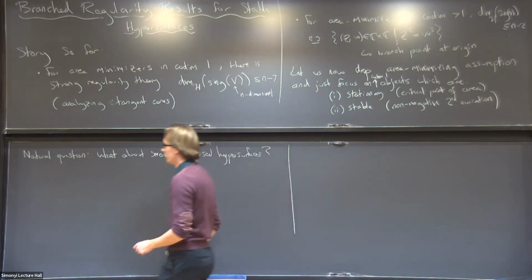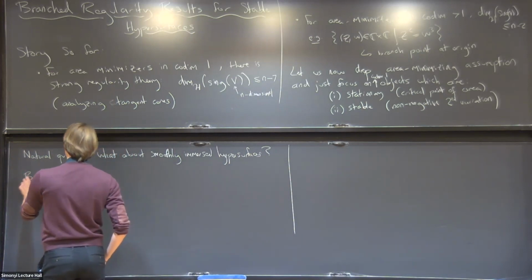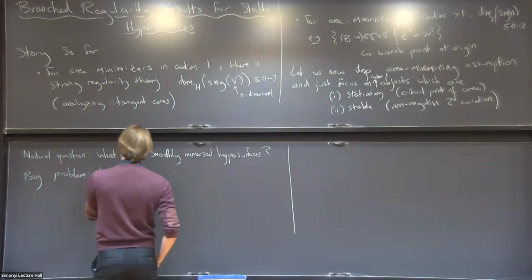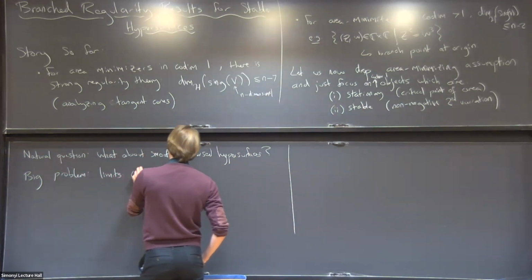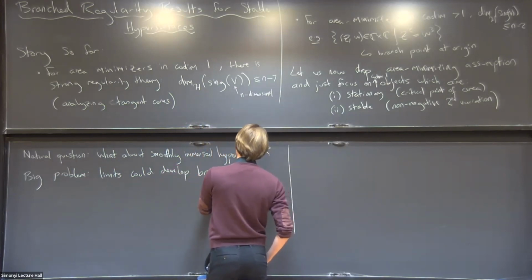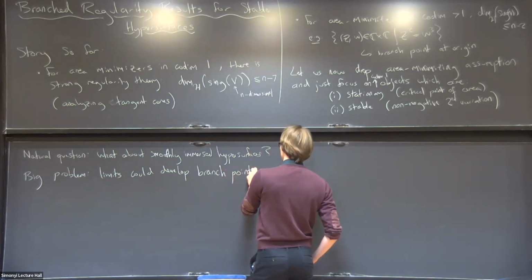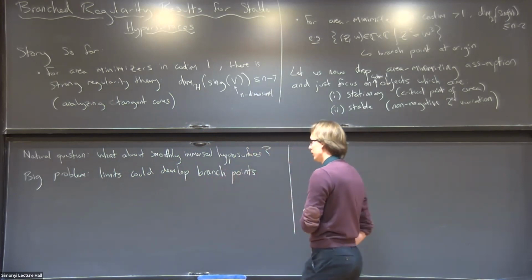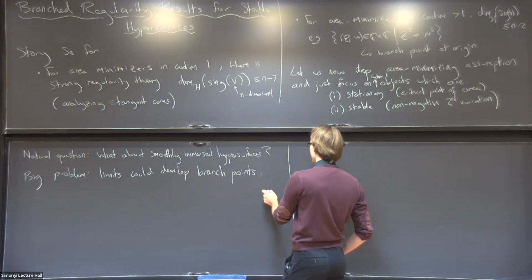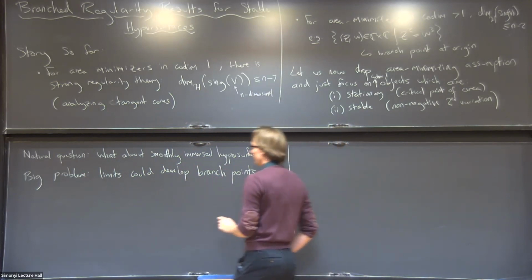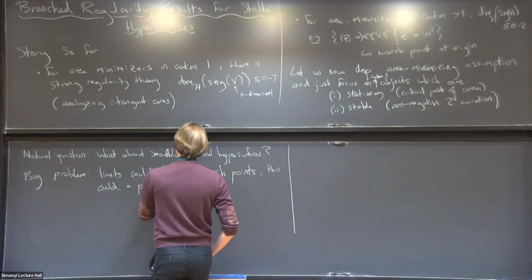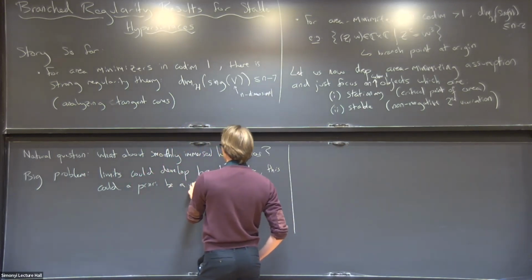So a big problem is limits could develop branch points, and in particular, this could be a very large set.